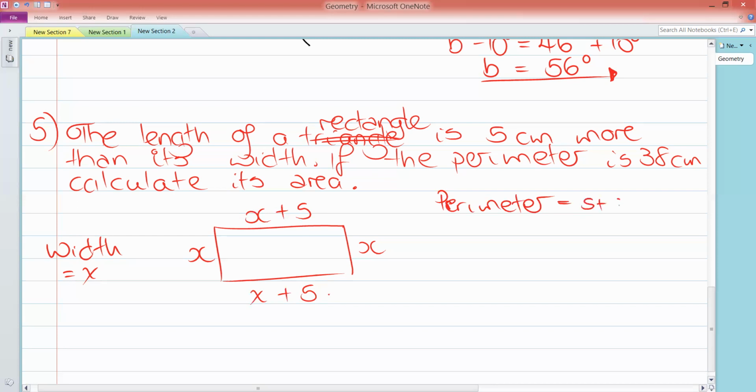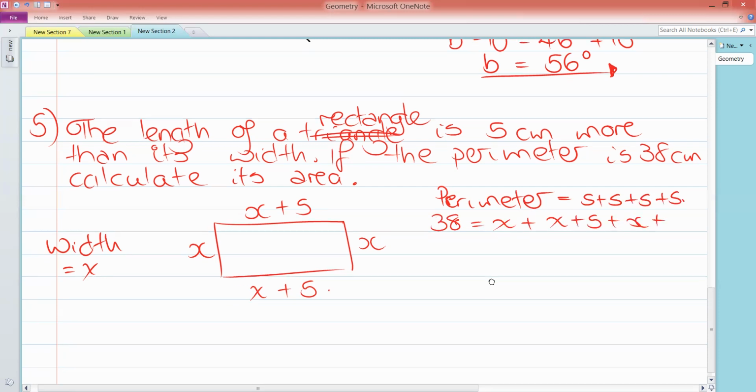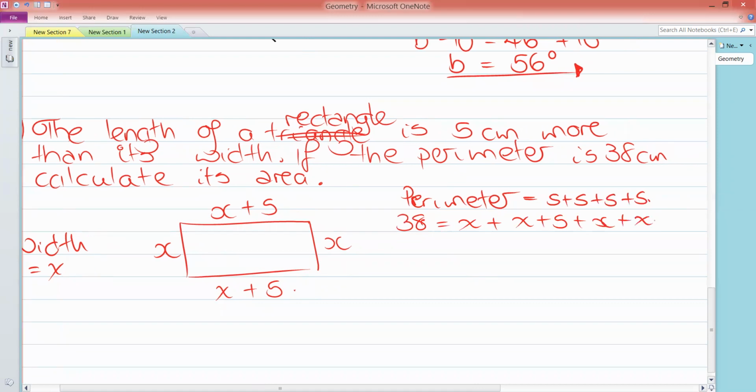So side plus side plus side plus side, and the total is 38. Now I'm going to add X plus X plus 5 plus X plus X plus 5. Do we have like terms? Yes, we do. How many X's are there? There are 4 X's. Then 5 plus 5 here, that is 10.